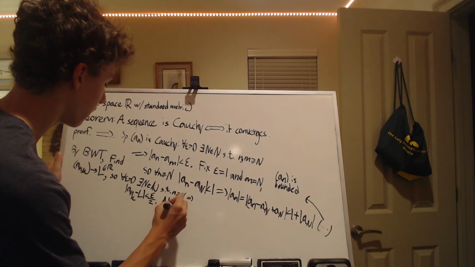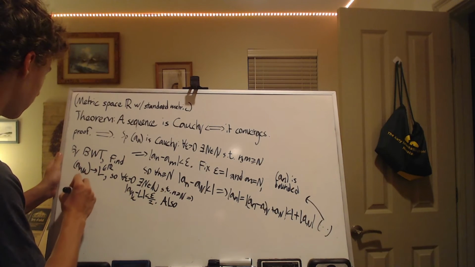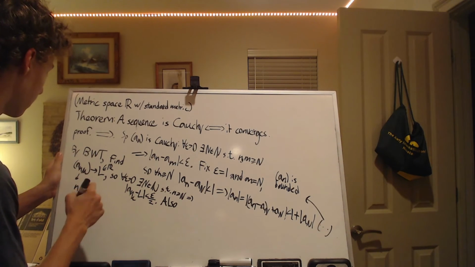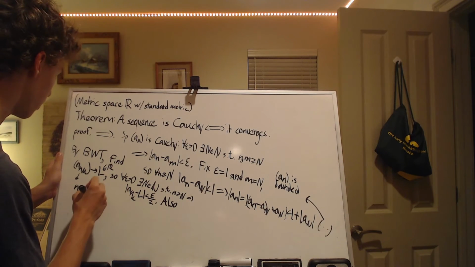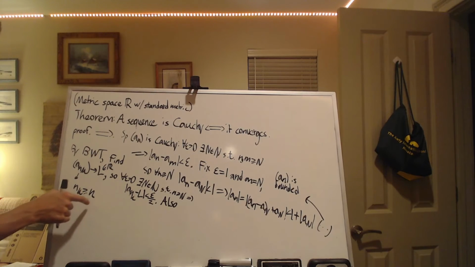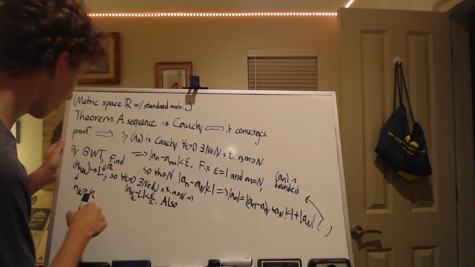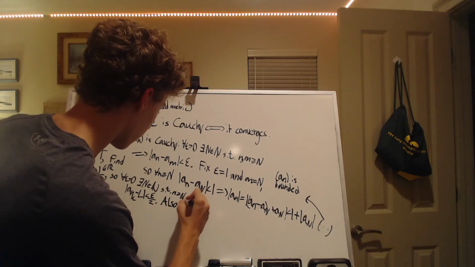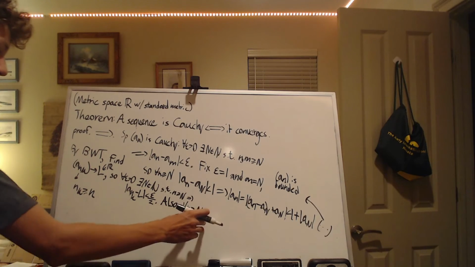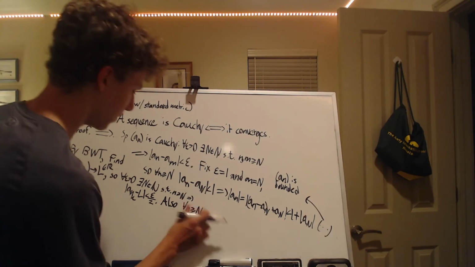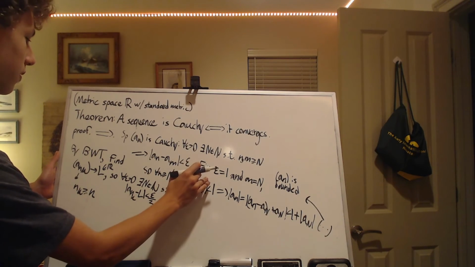So we also have, using the fact that this is a subsequence, that n sub k is greater than or equal to n. Also, for all n greater than or equal to capital N, I should be careful here with this stuff.